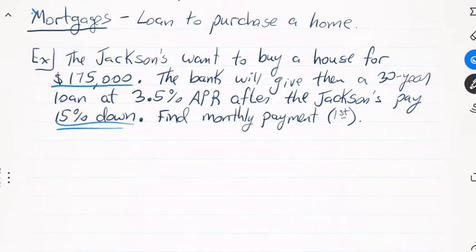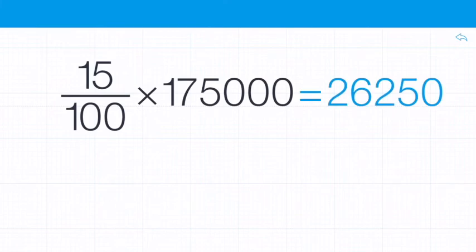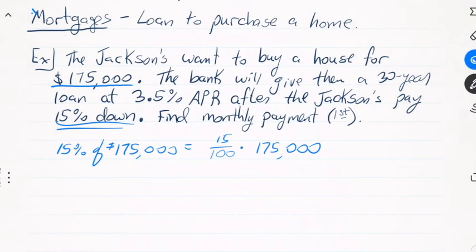So to start off, we're going to take 15% of $175,000. And of course, to do that, we're going to do 15 over 100 times $175,000. So that's $26,250.